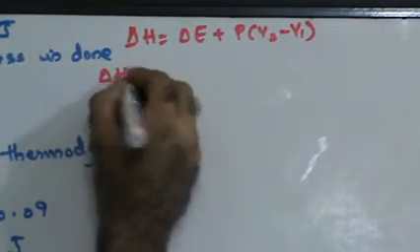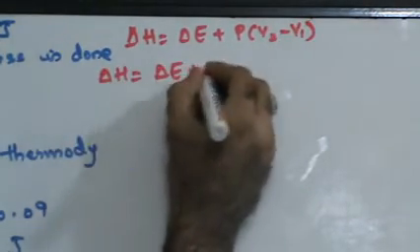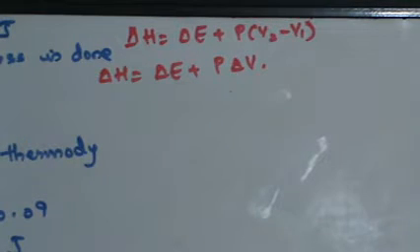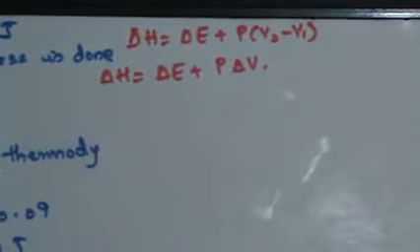So change in enthalpy is delta E plus P delta V. V2 minus V1 is the change in volume, right? So that's my equation for change in enthalpy. Delta H is equal to delta E plus P delta V, right?